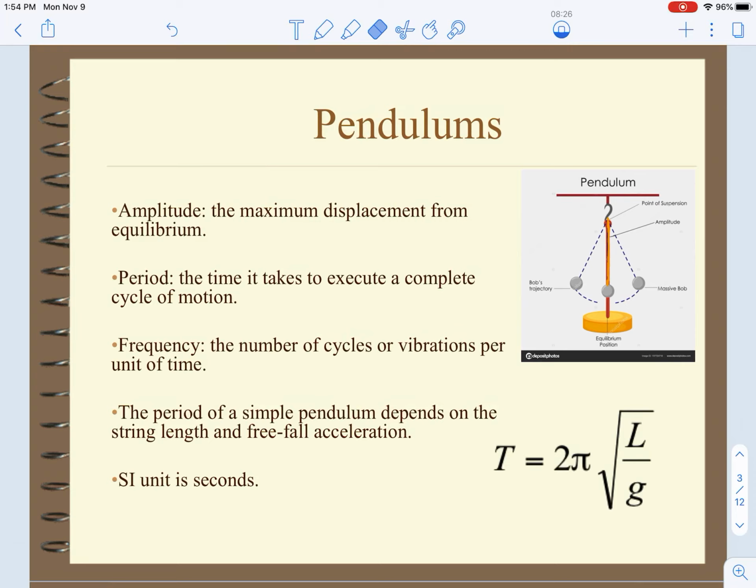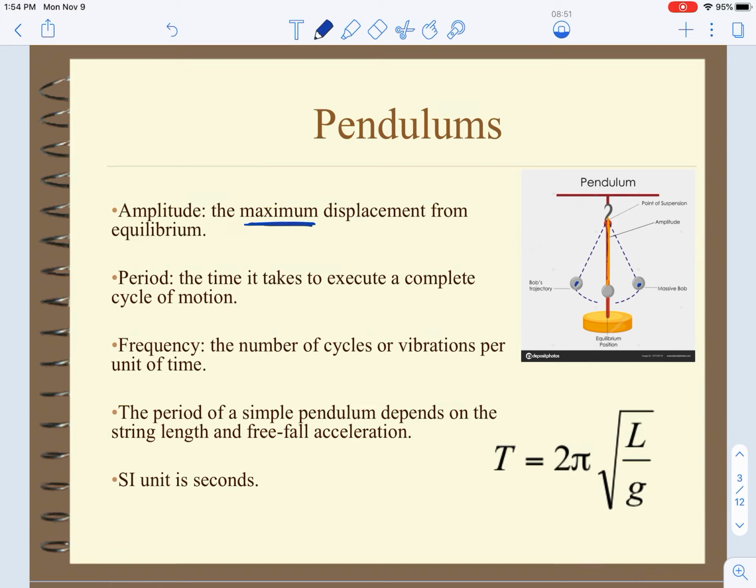So amplitude is our first vocabulary word, and it says that this is the maximum displacement from equilibrium. So yes, my pendulum is moving out of that neutral position, but I could have illustrated my pendulum anywhere along this moment of its motion. However, if we are talking about the amplitude, those places would not be valid options.